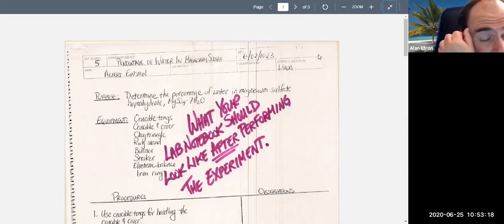Now, let's just be very clear about this. This is individual work. The typed lab report should be your own individual work, your own words. So I should not read 2 lab reports that sound exactly the same. Are they going to sound similar? They probably are, but they shouldn't sound dead on the same.